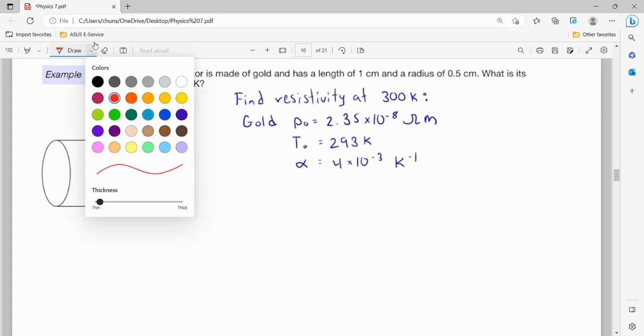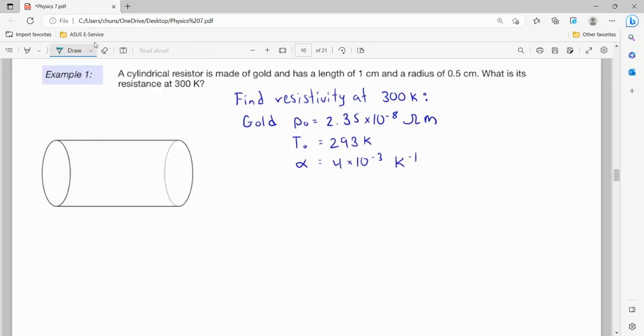Using our equation above, we can find our value for our resistivity. So rho is equal to rho naught times alpha, and this is our given temperature minus our T naught, which we can find from a tabulated value, and this is plus rho naught.